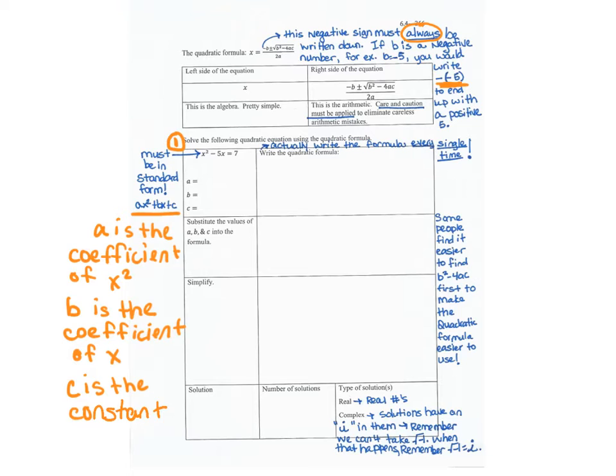And standard form means that ax squared plus bx plus c is on the left of my equation, and that whole thing is set equal to 0.